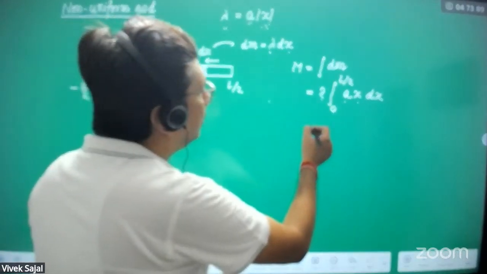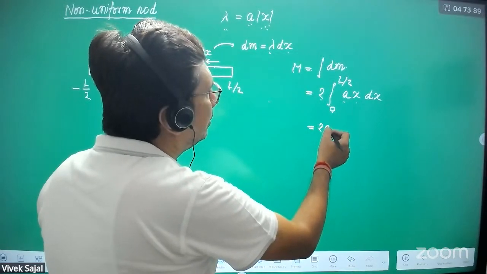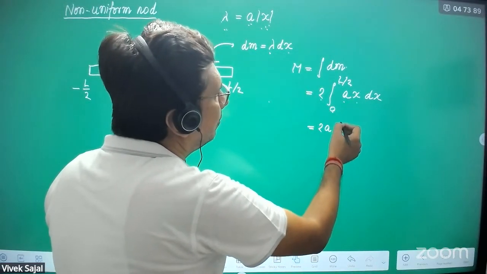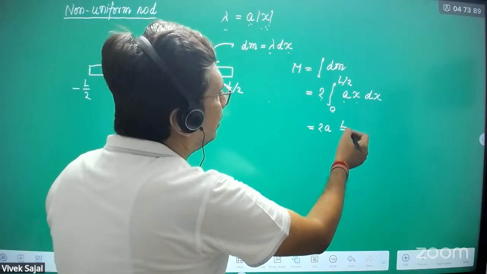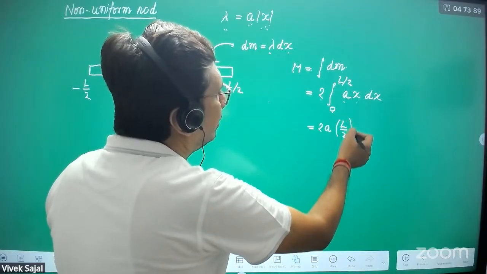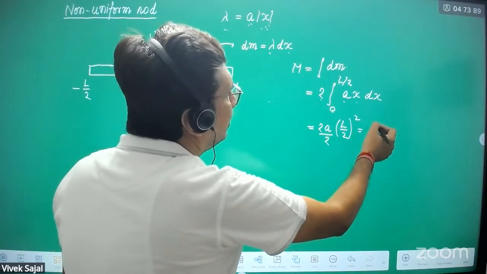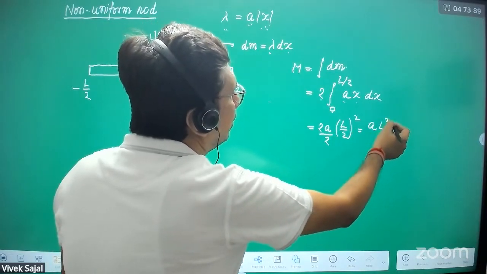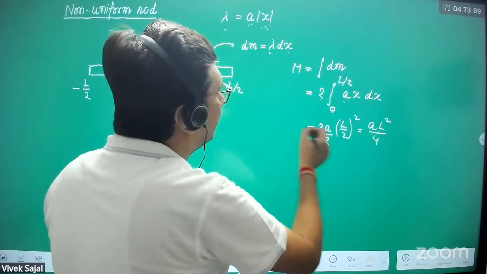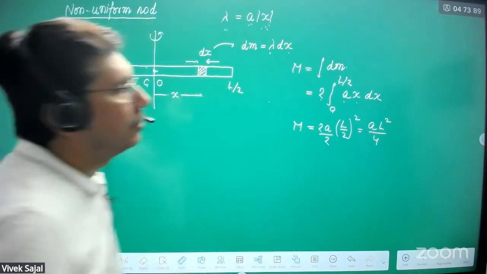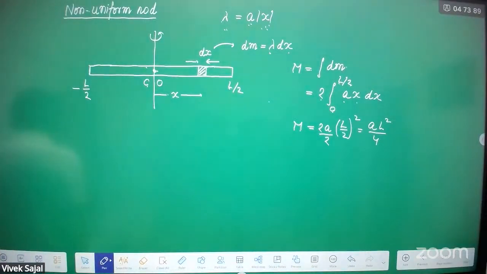So this will be 2a, times x square by 2, so you can write L by 2 squared divided by 2. So this will be AL square upon 4. This will be the mass of this rod. So first I have calculated the mass of the rod. Mass of the rod will be AL square upon 4.